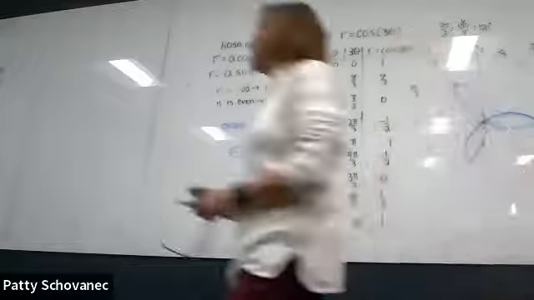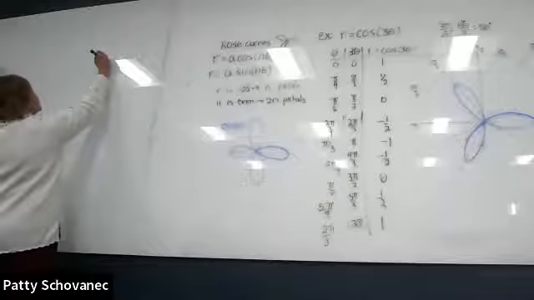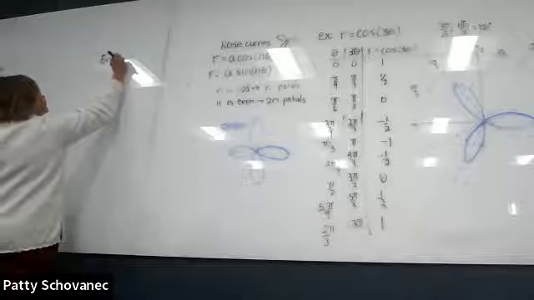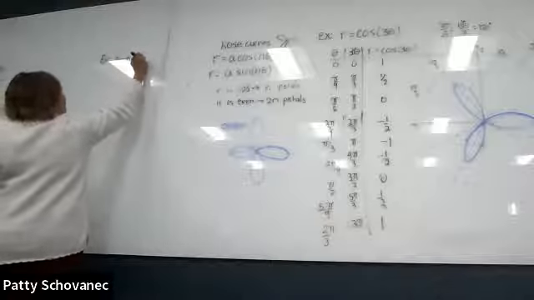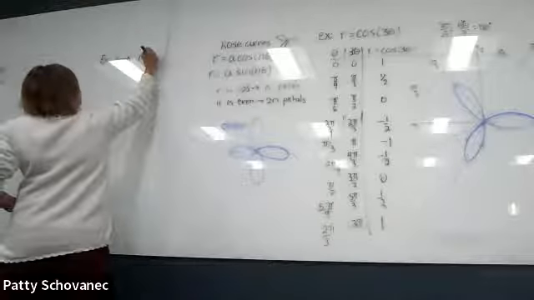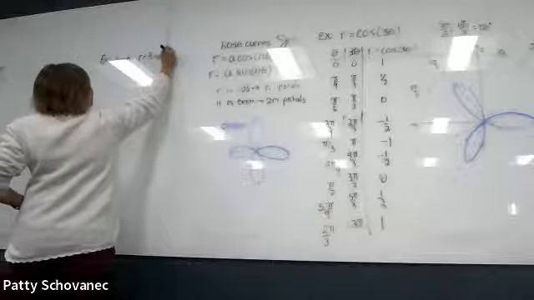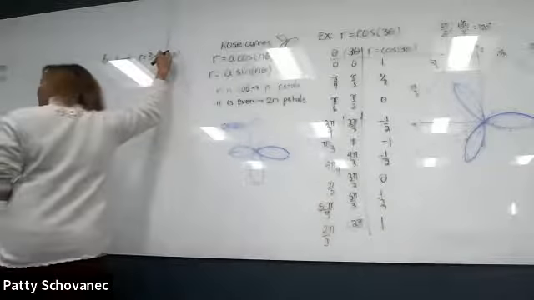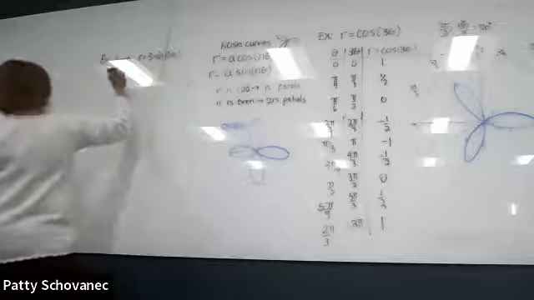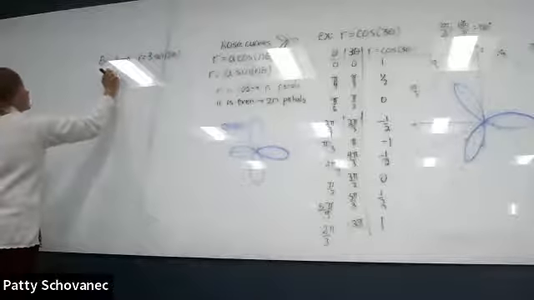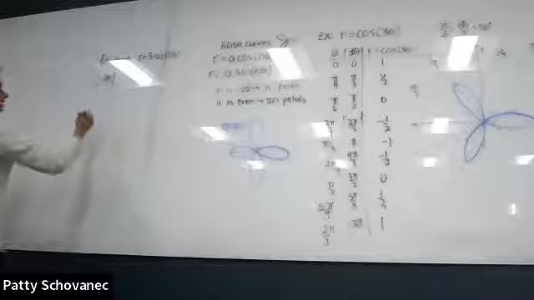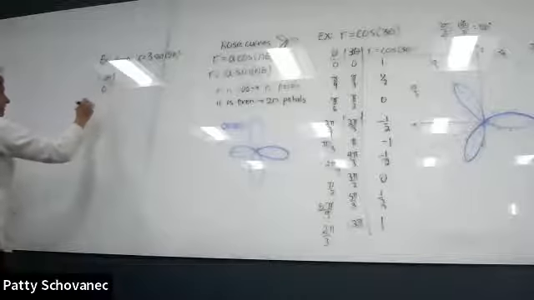So if I'm plotting, I want to graph r is equal to 3 sine of 2 theta. I want this number here to hit pi over 2. So I'm going to put my 2 thetas there. I know sine of 0 is 0.